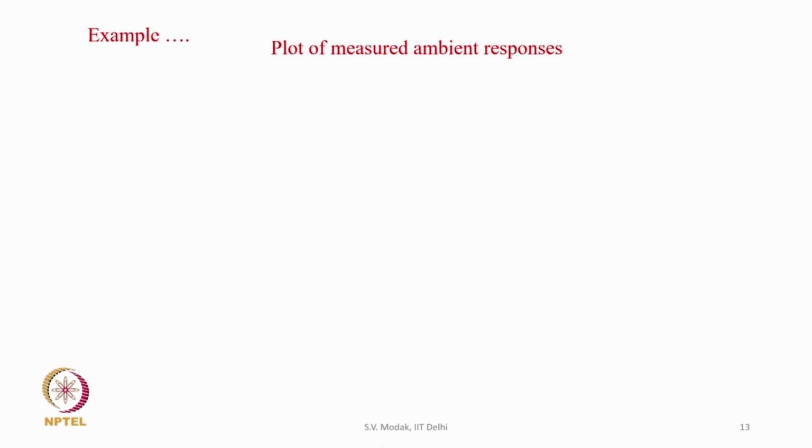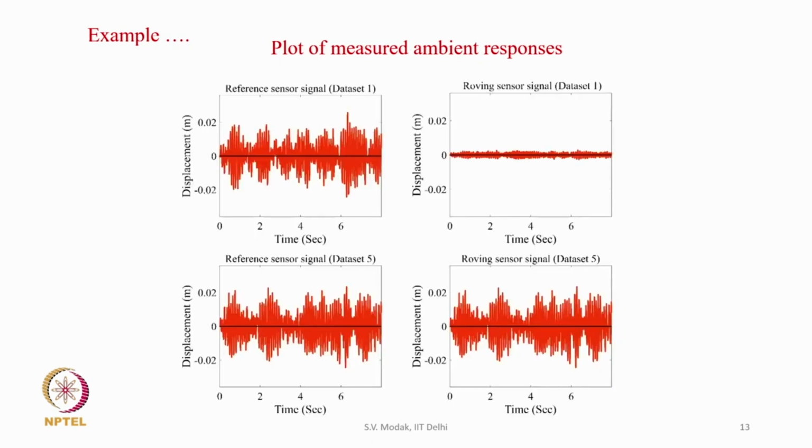Let us look at plots of some of the measured ambient responses. First of all, you can see the 2 plots from data set 1. This is the reference signal, the random ambient response, and this is the roving sensor signal.